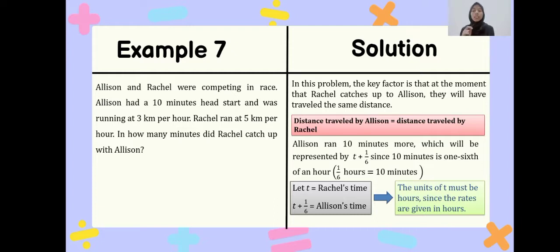Allison ran 10 minutes more, which will be represented by t plus 1/6, since 10 minutes is 1/6 of an hour, or like what you guys saw in the presentation, 1/6 hour is equal to 10 minutes. So let t be Rachel's time and t plus 1/6 be Allison's time.